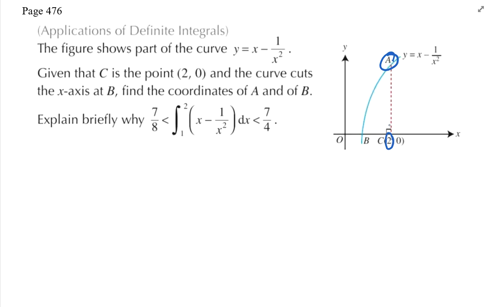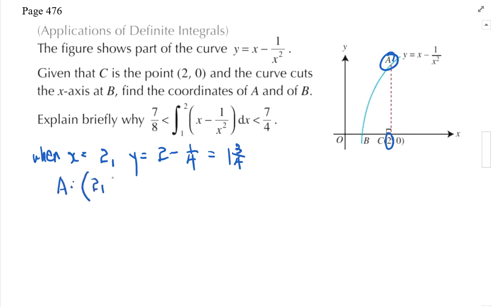So in order for us to find A, we just have to substitute 2 inside. When x is equal to 2, substitute inside, and please write out the coordinates of A. In this case it will be 2, 1 and 3/4.